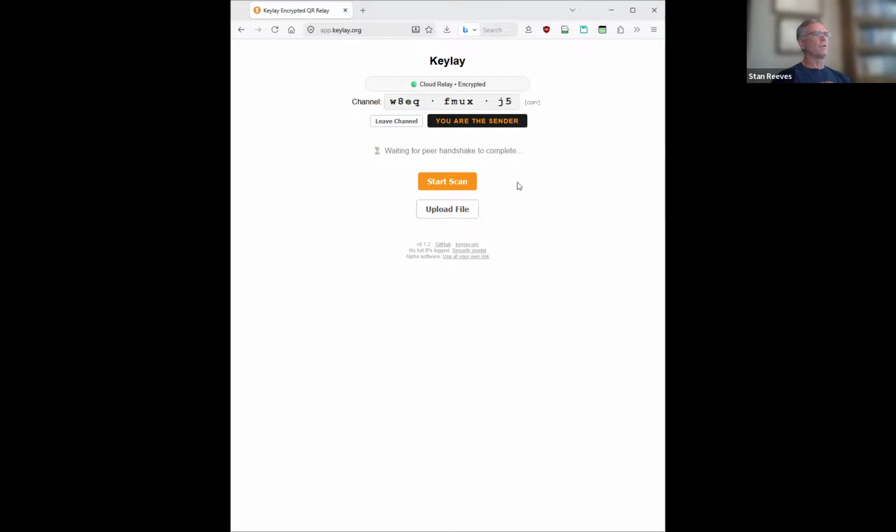So if you wanted to send this through Signal or something, you can click copy there and paste it into a Signal app. What I'm going to do is I've got another laptop here that's off screen that I'm going to type in that same code.